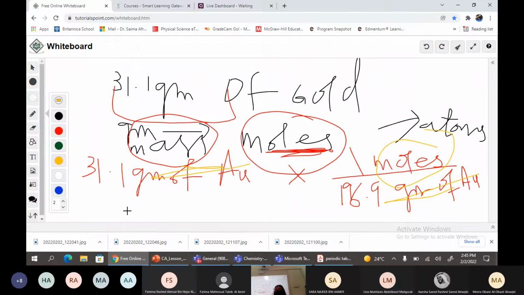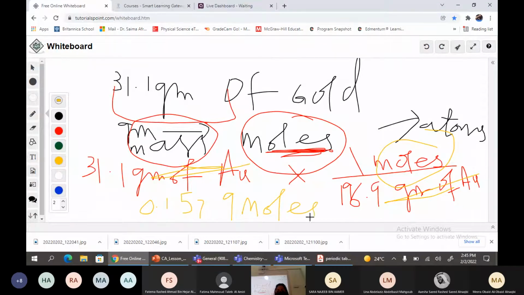What is the number of moles you have in step 1? Yes, Zina, can you open your mic and say it to me? 0.15. Very good. Zina said to us this is 0.1579 moles.